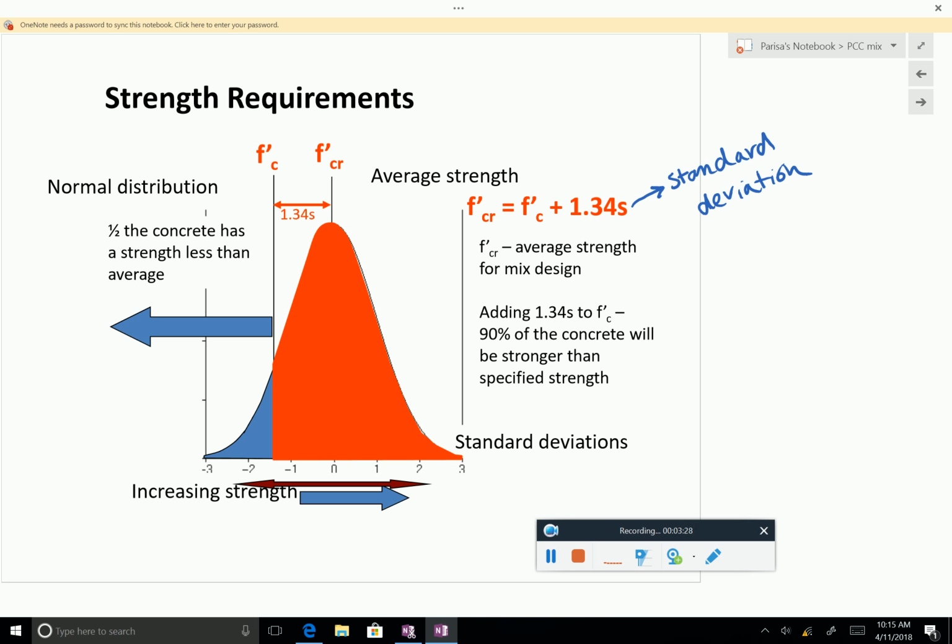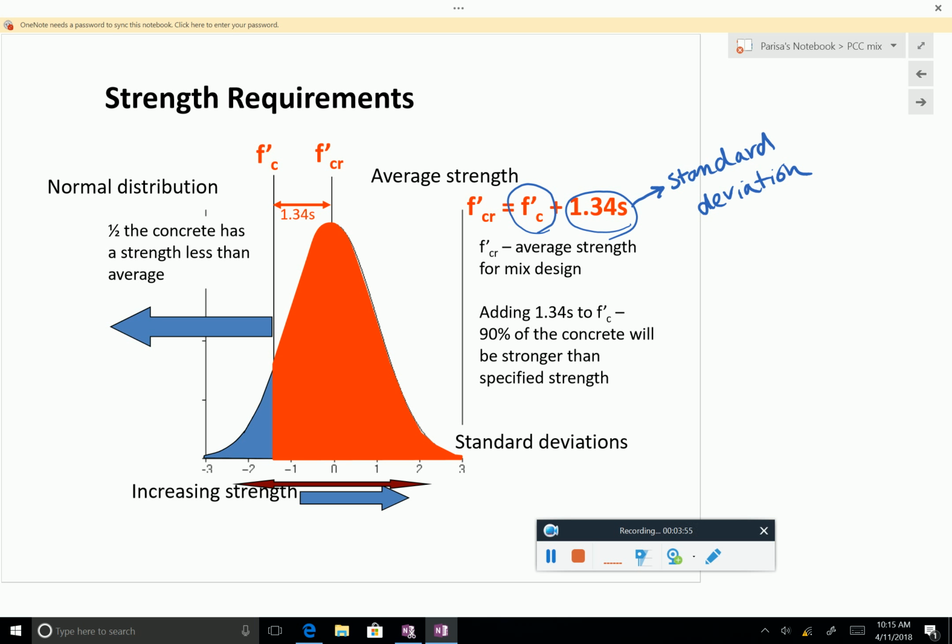This is how you would find it out experimentally. If you know that, your design won't be for F prime C, you add 1.34 times the standard deviation. And if you do that, then 90% of the material you are designing will have a strength greater than 3500.